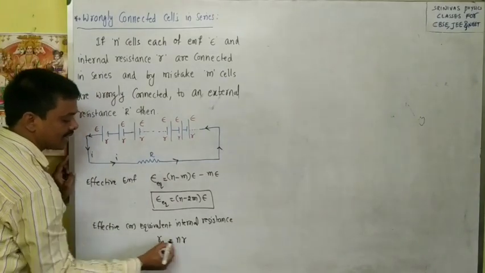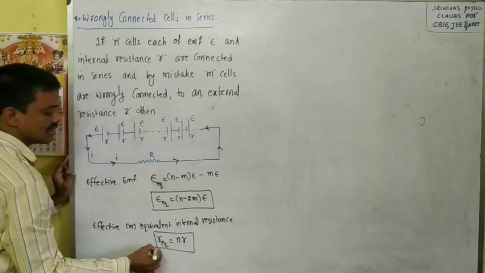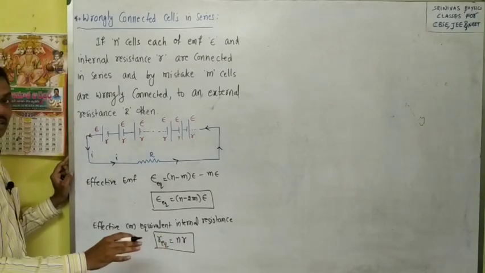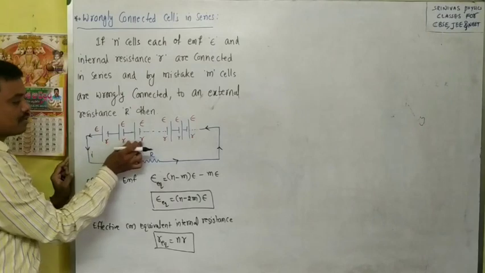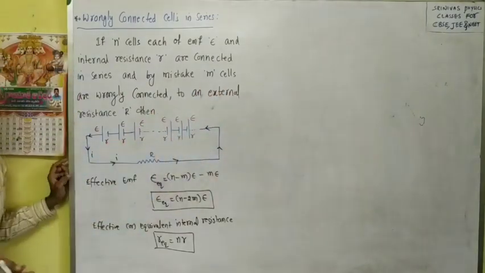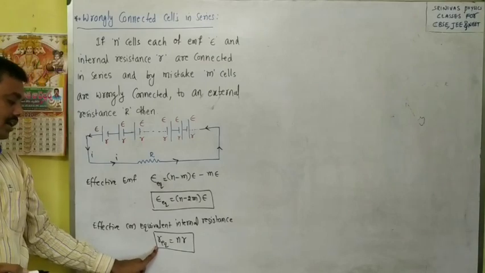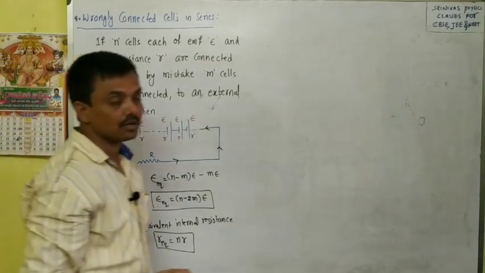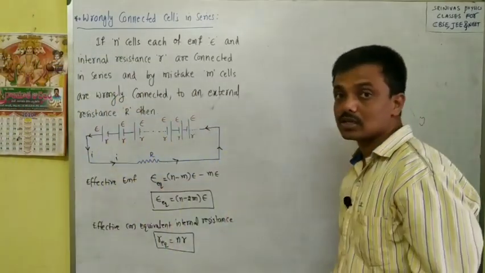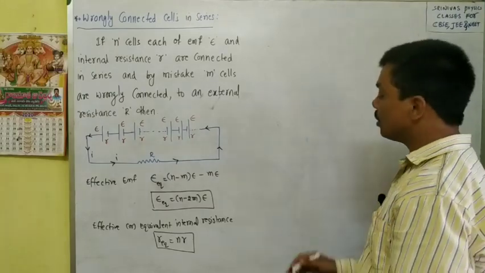So directly we write nR: n cells, n resistors, each of resistance r. Because there is no wrong connection in resistors, if you reverse the terminals there is no problem.